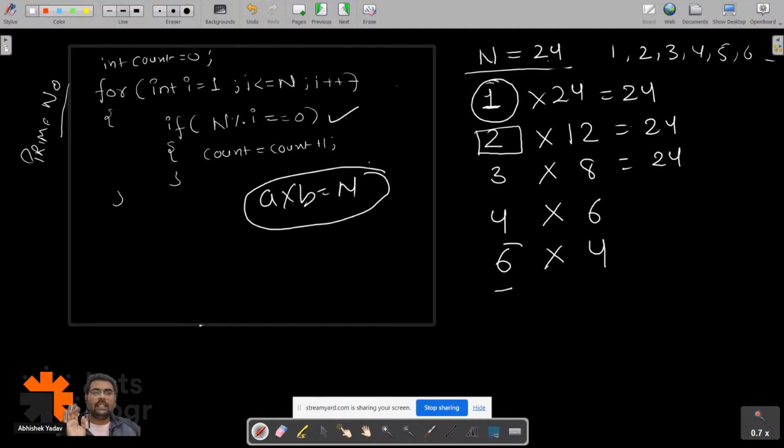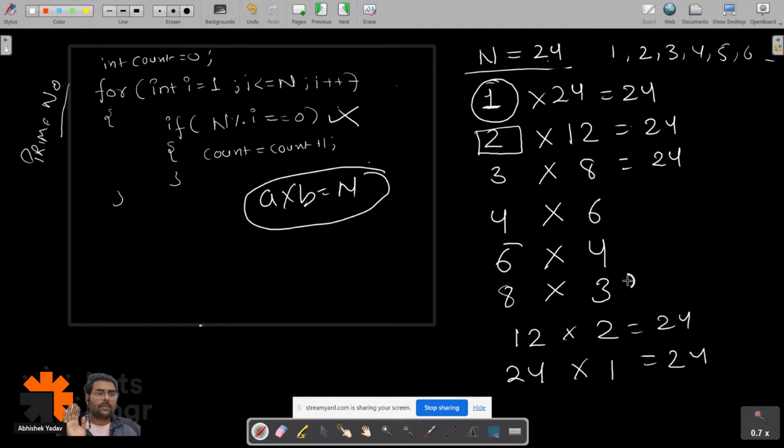Similarly, now we have 7. For 7, this if condition will be false. So here I will remove 7, and now for 8, 8 into 3 you will get 24, 12 into 2 you will get 24, and 24 into 1 you will get 24 here, right? This one.